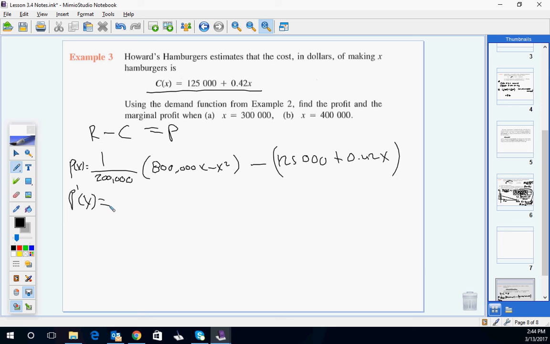All right, so we already know what this one shapes out to. And then we have that one's 0.42. I'm going to divide this.